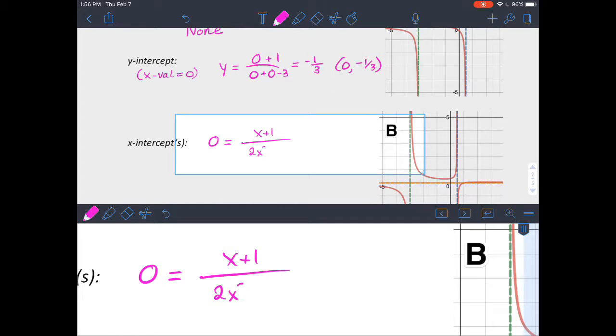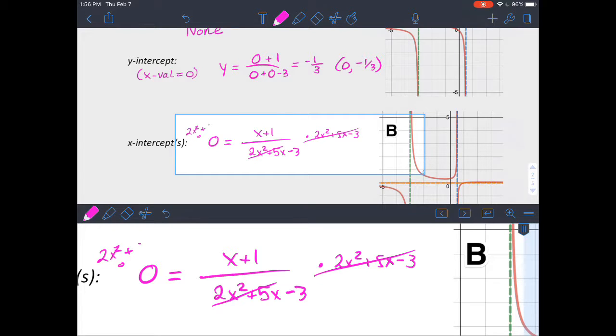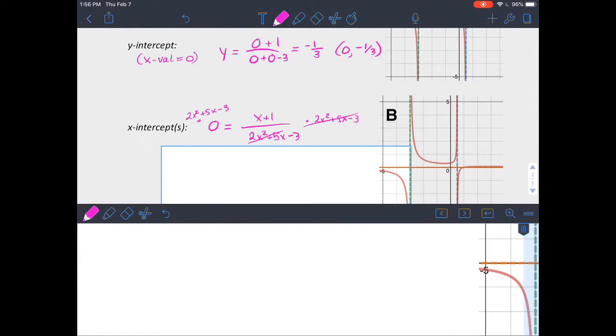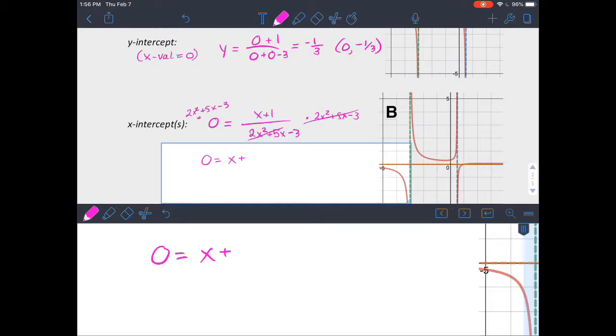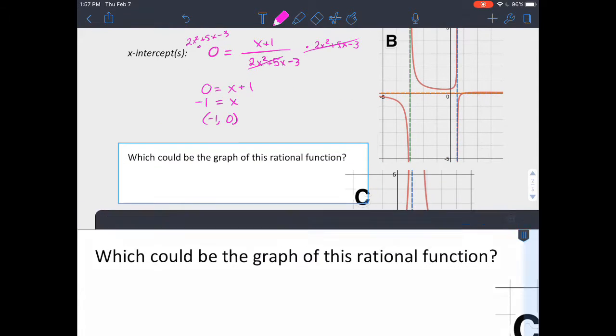So solve to see what x values you get. Those will be your x-intercepts. If you multiply both sides by your denominator, you're just going to end up with 0 equals x plus 1, which means you'll end up with an x-intercept of -1. So it'll cross the x-axis at -1, 0.